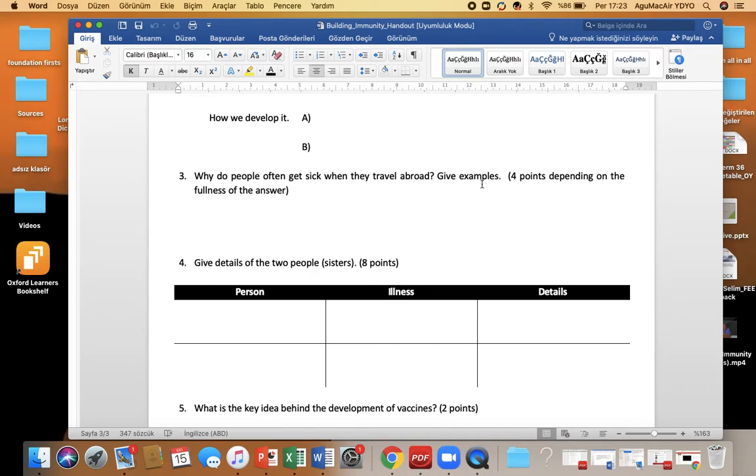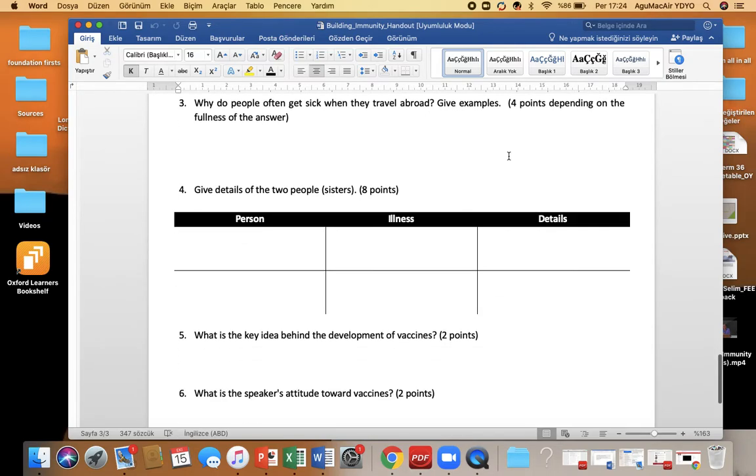And after that, you need to give as many examples as possible. So this is 4 points in total. If you write more detail, you can get 4, but if you don't give enough information, you will get 3 to 1. It depends on how much you write.